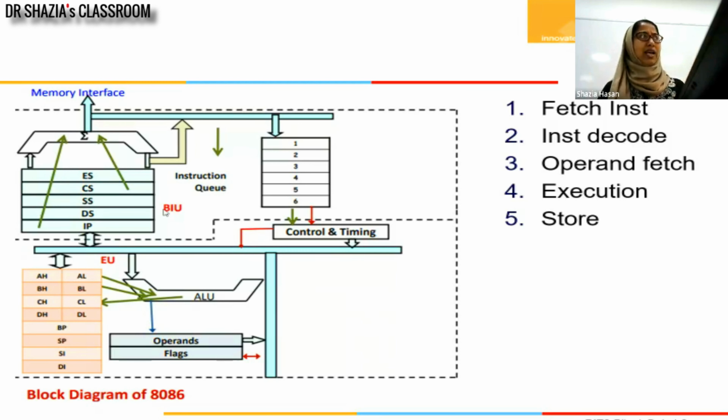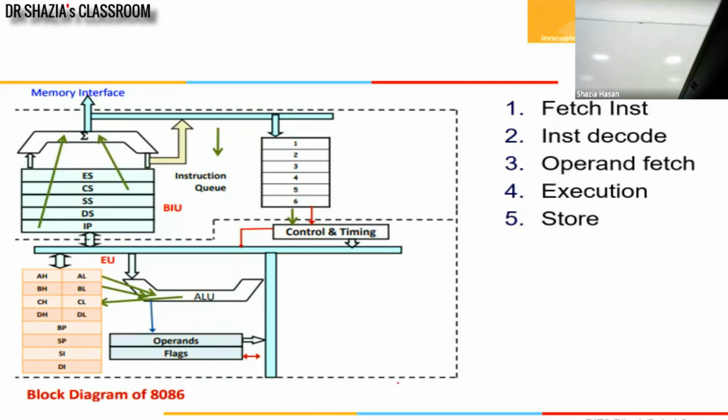Architecture means all the units we have to show. But from the programmer's point of view, in the programmer's model, we only highlight those registers and parts which the programmer can directly use. So this is the complete architecture of your BIU and execution unit.